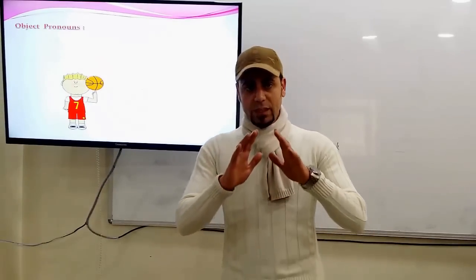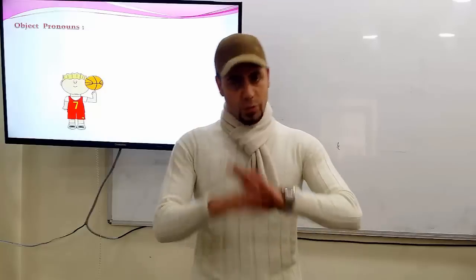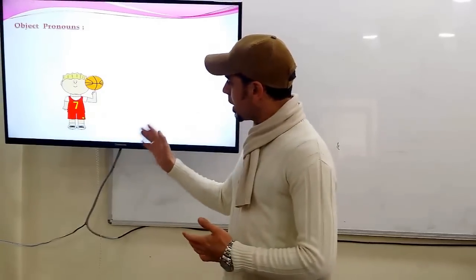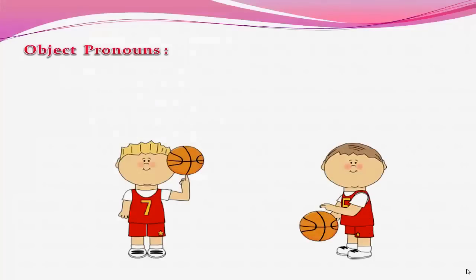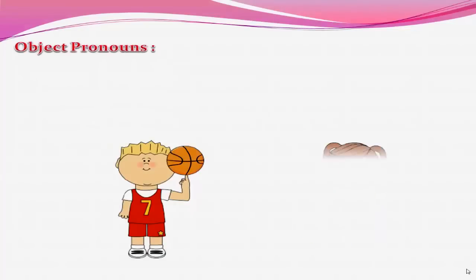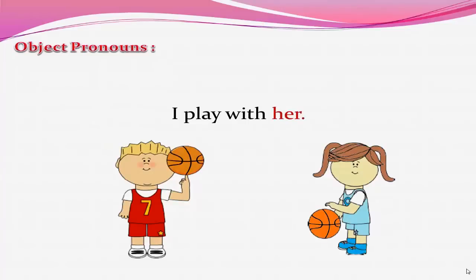Now, let's make this in pictures so things will be easier. This is me, supposedly, and this is my friend. We play together, so I play with him. Another example, this is my friend, and she is a girl, so I say I play with her. She, her.